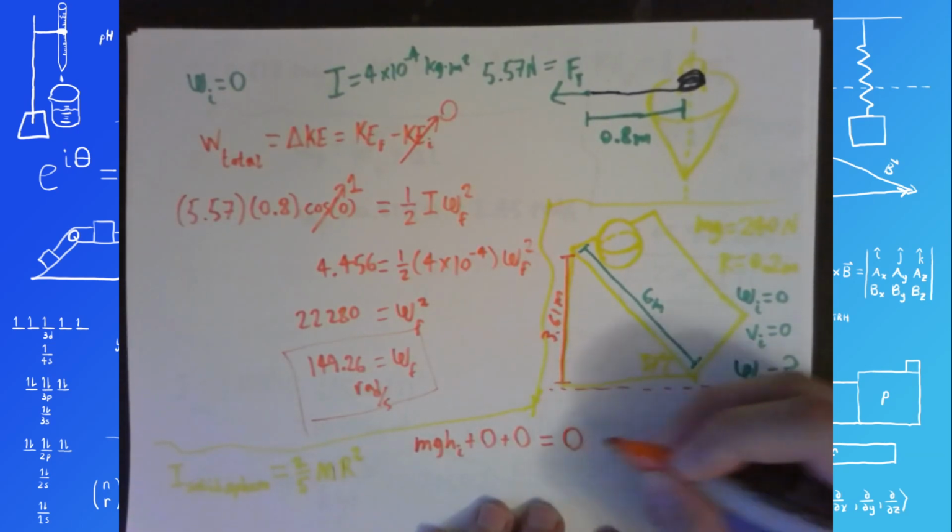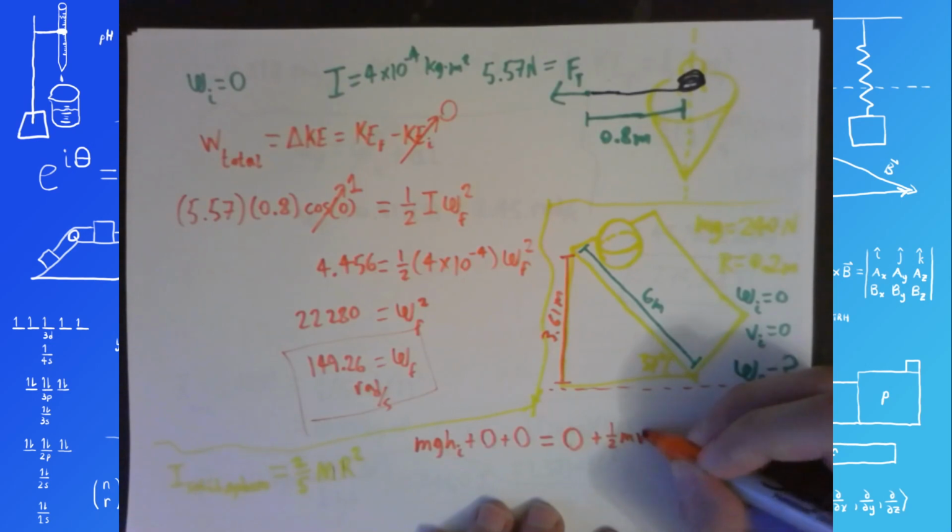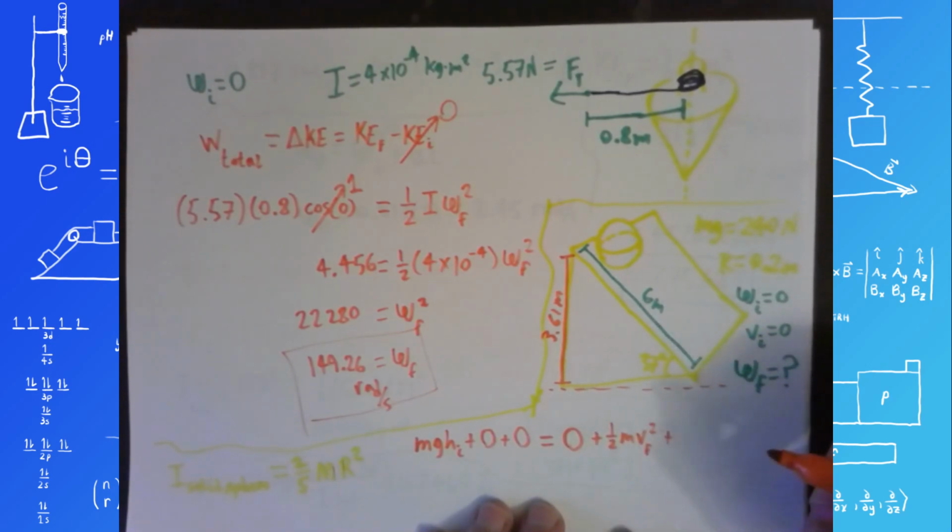So potential energy is 0 this time, plus kinetic energy, that's going to be 1/2 m v final squared, plus rotational kinetic energy, translational plus rotational, so 1/2 I omega final squared.